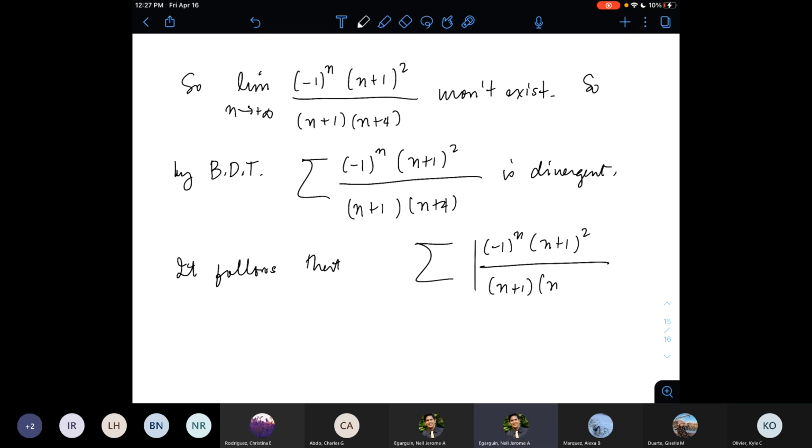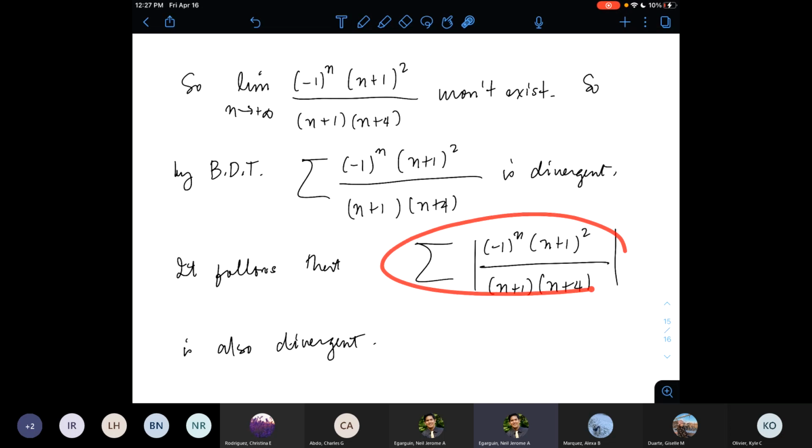Do you know why, or do you have any idea why that is true? So I have shown here that the alternating series is divergent. Why am I saying that it follows directly that this guy will also be divergent? Any idea?